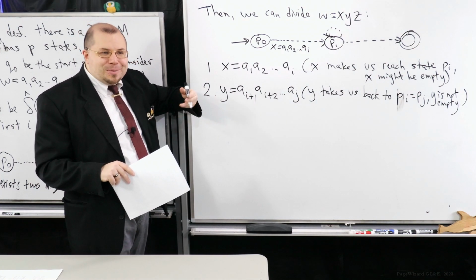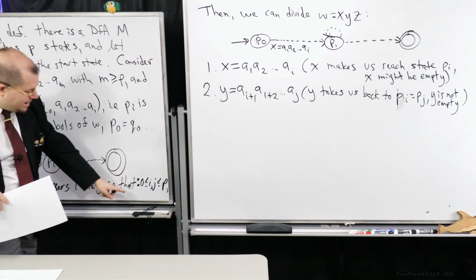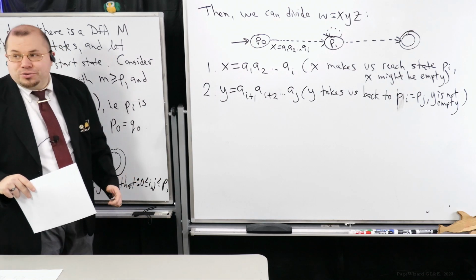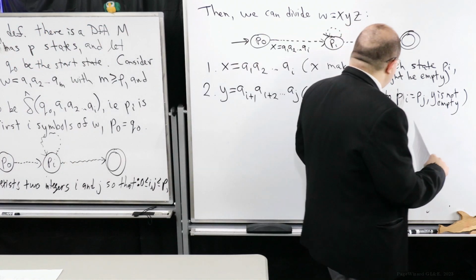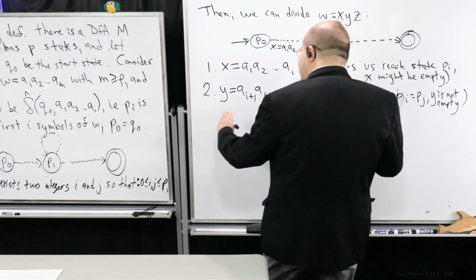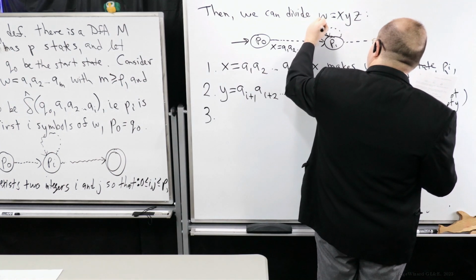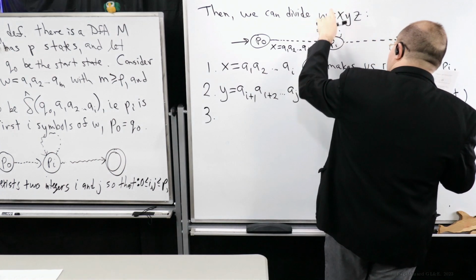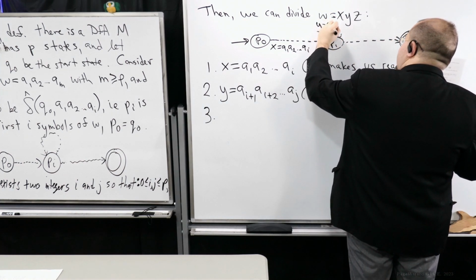Well, remember what we said about the pigeonhole principle. We get two integers sandwiched in between here, but they're two distinct numbers. So that's what y is. So y is right here. If I were to follow my finger around, it would get me back here after the DFA has read this.